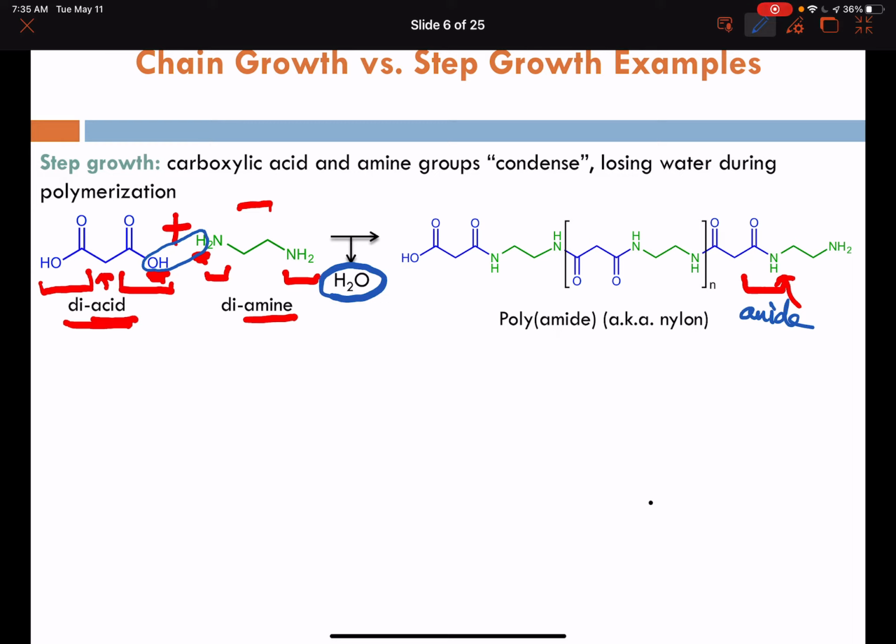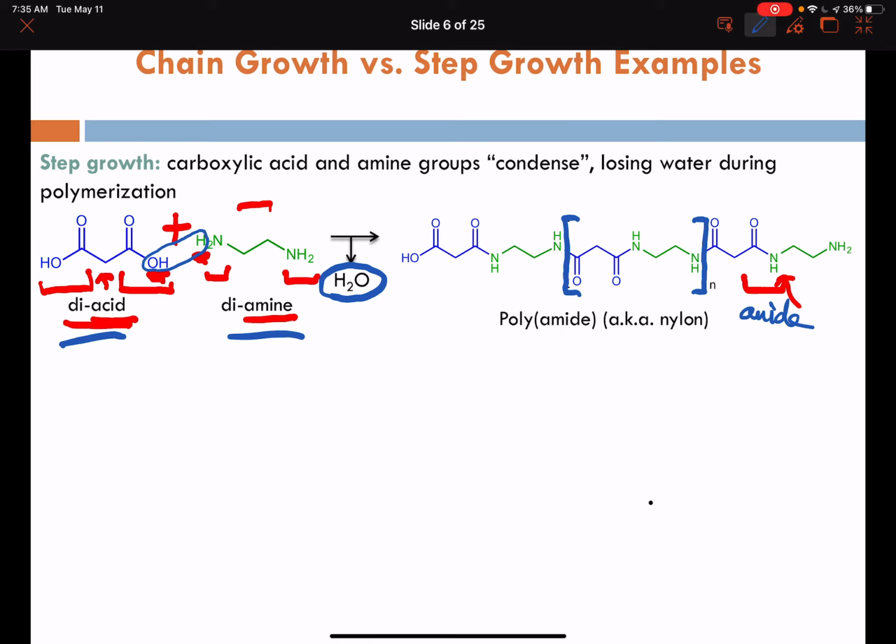The color coding here in the monomers of the diacid and the diamine makes it easy to recognize that every repeat unit that we generate in this polymer contains the majority of the atom units that were in the monomers.